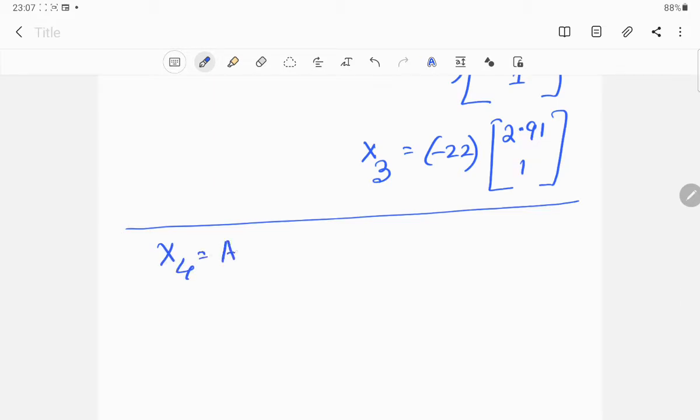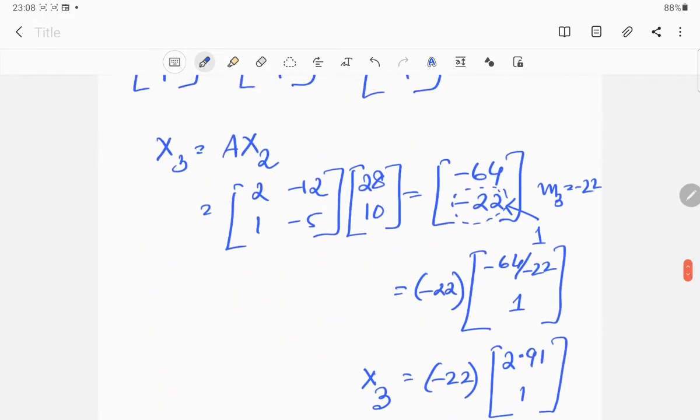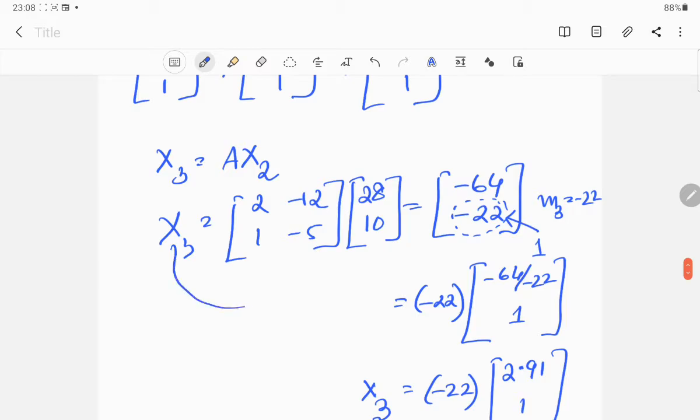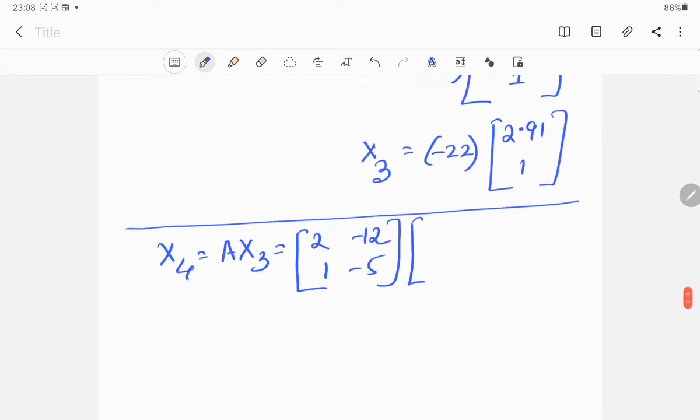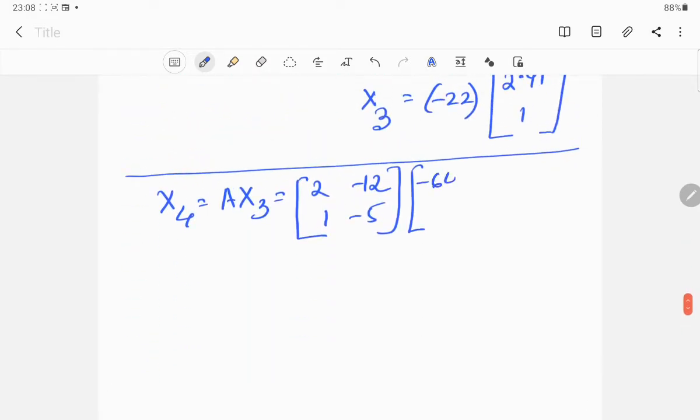Next, x4 is nothing but A x3. So [2, -12; 1, -5] times x3. What was x3? This is x3: [-64, -22]. If you simplify, it comes out to be 136 and 46. You just do it on your own.